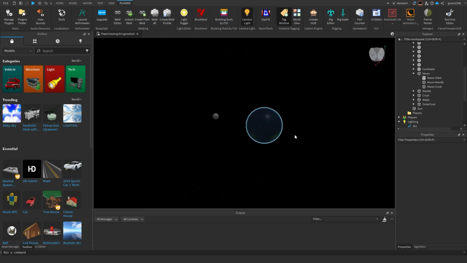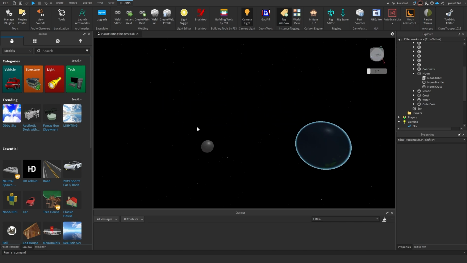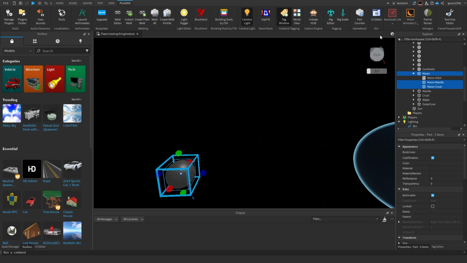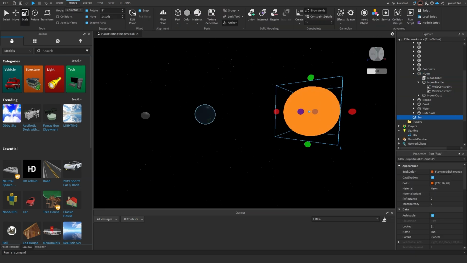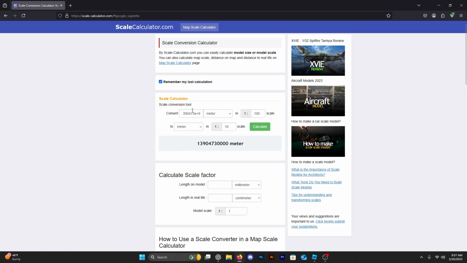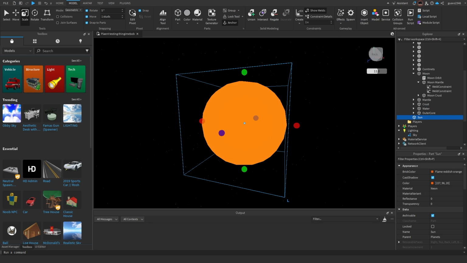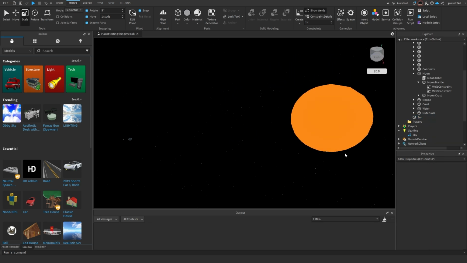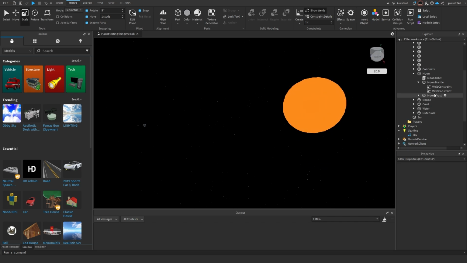Oh well, there we go. Earth. Oh wait, we gotta weld all of these together. Now the sun. Size of sun. Holy smokes, that's huge. Look at this, e to the 9th. This is what we're gonna have to convert to studs. So I think this might be more. Yeah, 2048 might be a safe assumption.